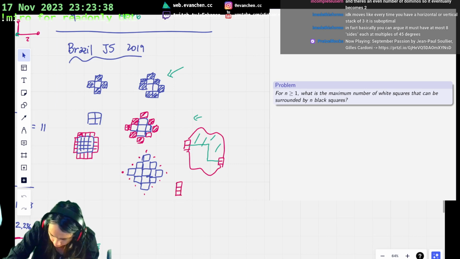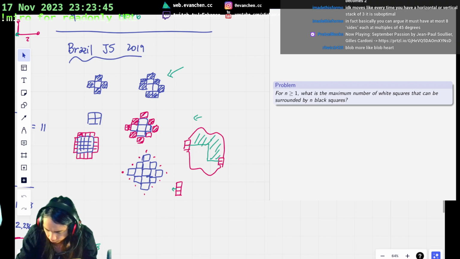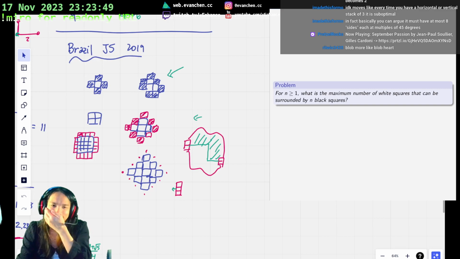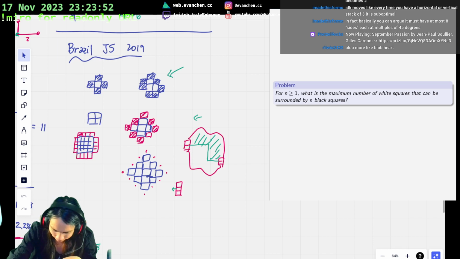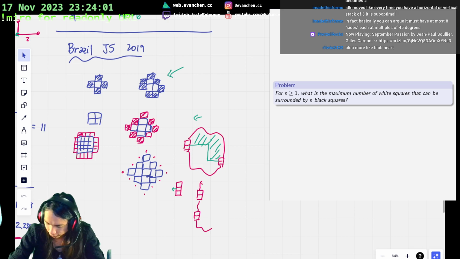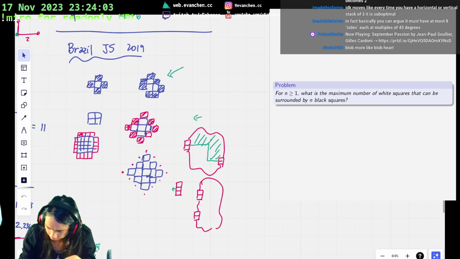Also here, if there's 3 in a row you can also just shift. If I have something like this, can I still do the shifting argument if they're in the same column? Yeah, it's still fine. I make a cut like that, and then I shift everything.